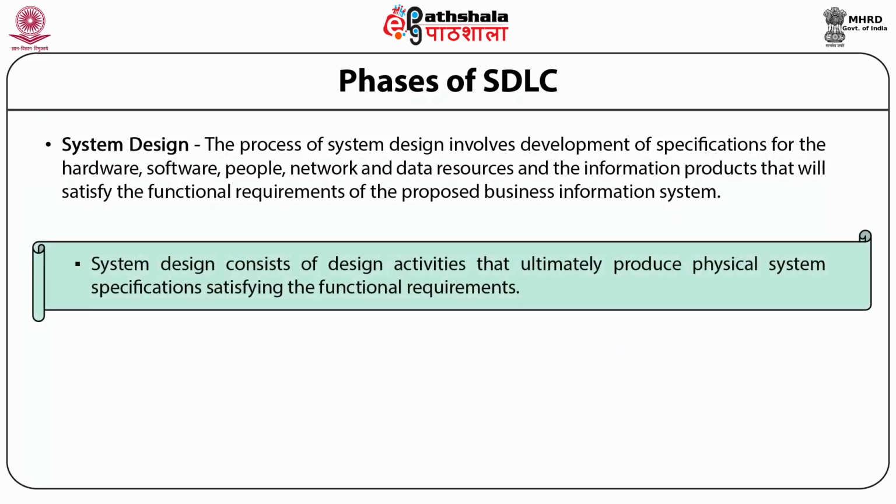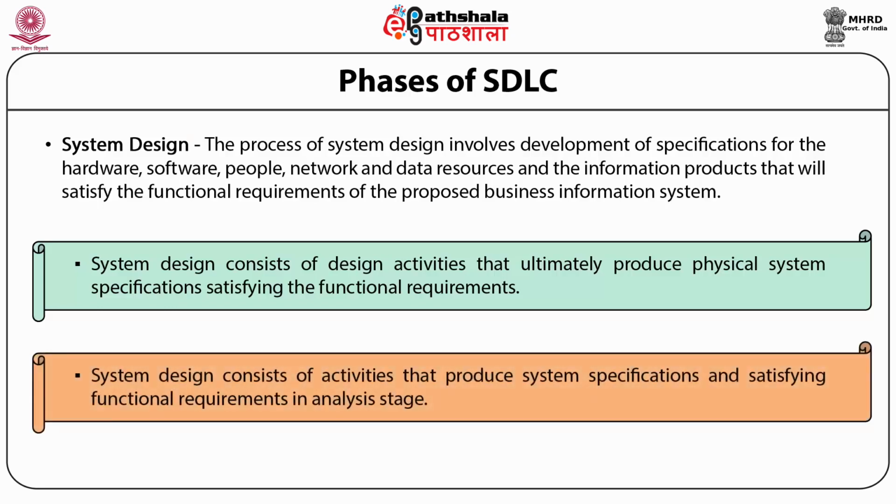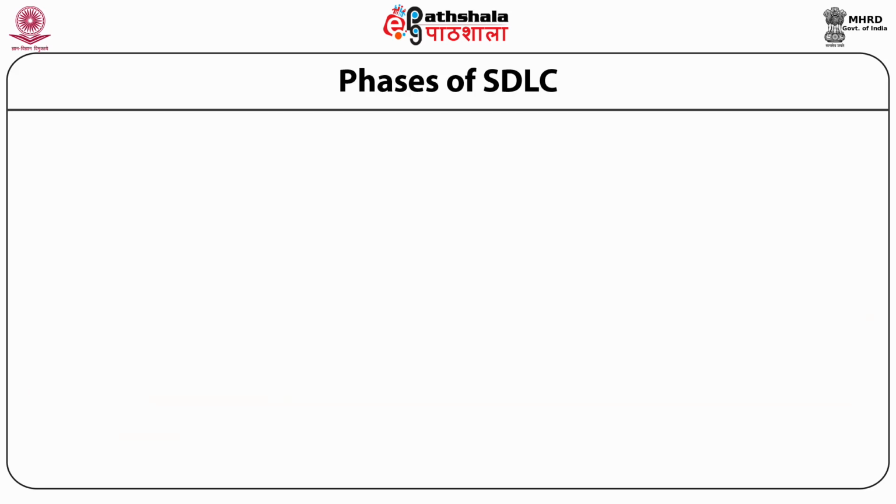System design consists of design activities that ultimately produce physical system specifications satisfying the functional requirements. It is in this phase that development of the logical modules of the system takes place. This stage answers how the system will accomplish the objectives. System design consists of activities that produce system specifications satisfying functional requirements in the analysis stage.